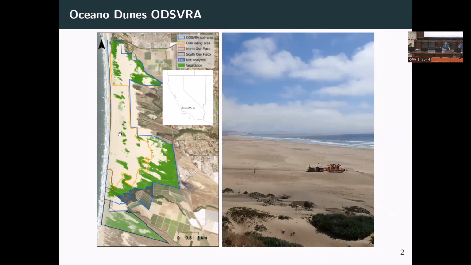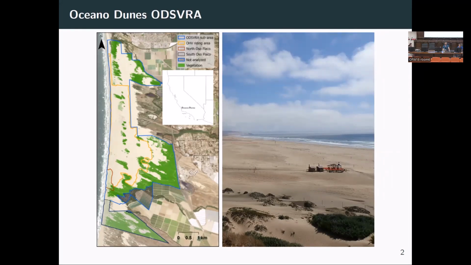On the left here, you can see a map of the riding area inside of this park where there's very little vegetation because it's been destroyed by anthropogenic activity. On the right, you can see a picture that I took looking south. I took that picture on top of a vegetated coastal foredune.